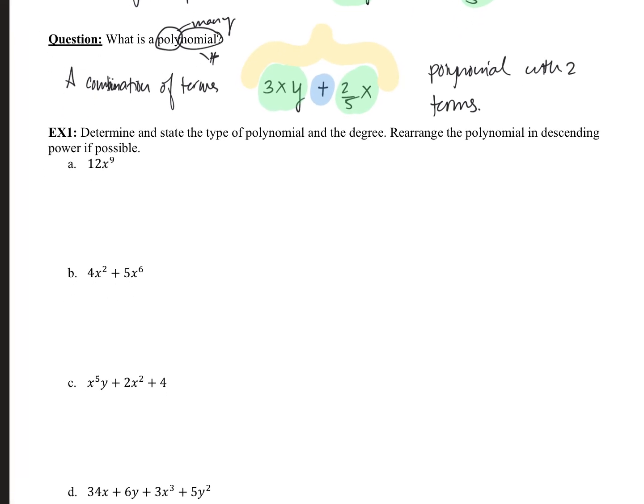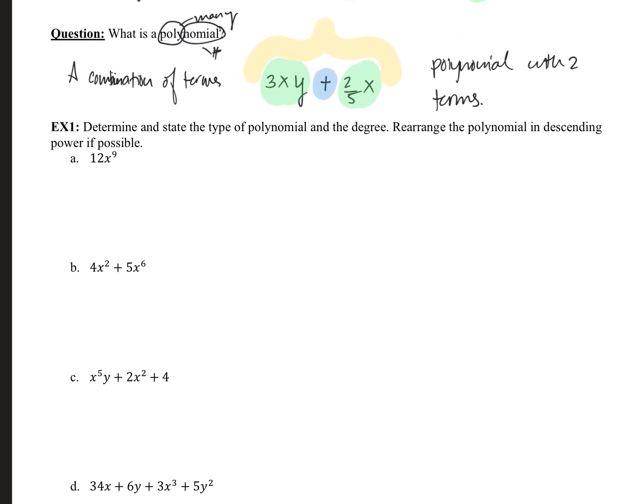Alright, so let's go ahead and determine the type of polynomial. Well, first off, this is only one term. There's no plus or minus sign anywhere else, so this is a one-term polynomial. Another name for this would be a monomial. If you think of a monocle, that glasses that a person has, the single eyeball glasses on a person's face.